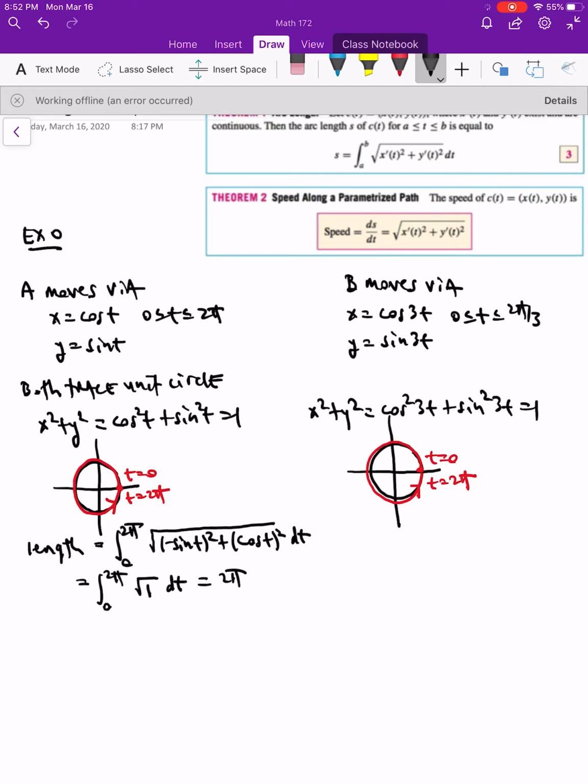And likewise for B, the parameter interval is just from 0 to 2 pi over 3. But under the square root, I have x prime, which is minus 3 sine 3t, squared, using the chain rule, and y prime is 3 cosine 3t, quantity squared, dt.